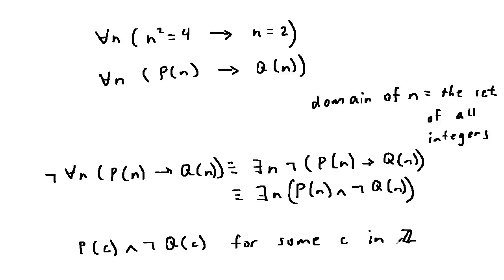Here we're using existential generalization. So if we can show this, then we'll be showing this. And that's equivalent to the negation of this universal statement.